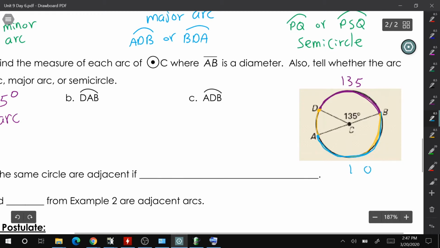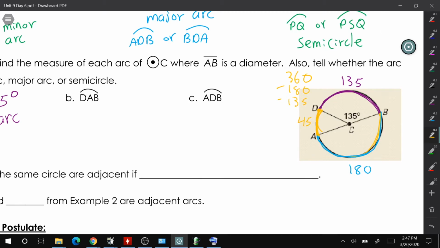And then this part right here, well, the whole circle is 360, so if we do 360 minus 180 minus 135, that gives us 45 degrees, or you could have done like we did in the previous page, 180 minus 135 to get 45.